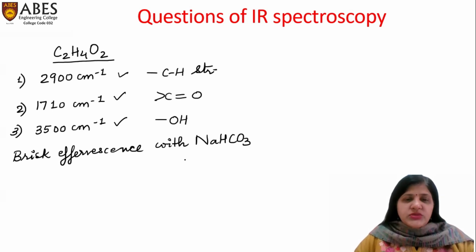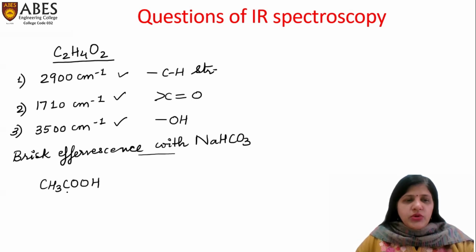Brisk effervescence with sodium bicarbonate suggests the presence of a carboxylic group in the sample. And by this formula, the carboxylic compound we can write is acetic acid or ethanoic acid.